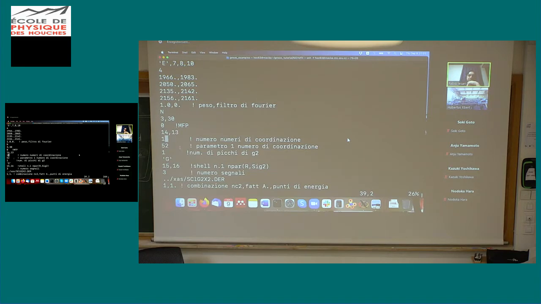For example, in the case of a crystal, you maybe already know that your system is FCC, and you already know all your coordination numbers, then you can only define one parameter and define all other coordination numbers for other shells as a multiple of that unique parameter. So you don't need to fit more than one.